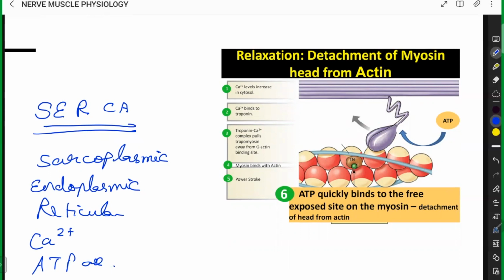This ATPase, what will it be doing? It's going to be a pump, isn't it? So this ATP is going to quickly bind with the exposed site of the myosin.